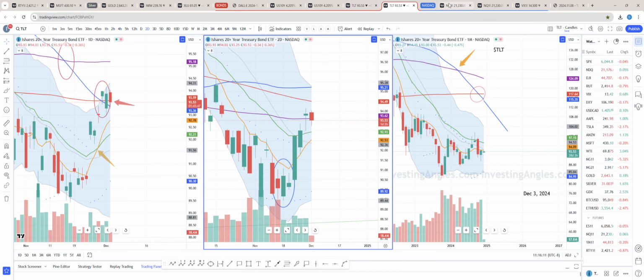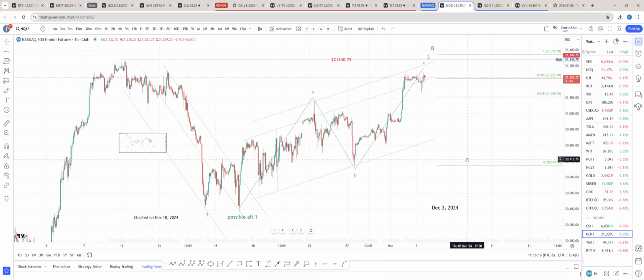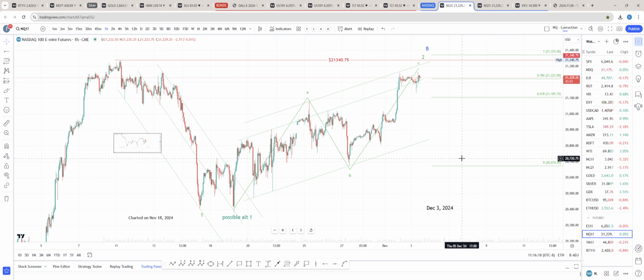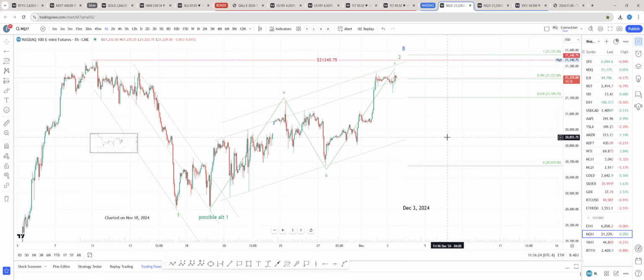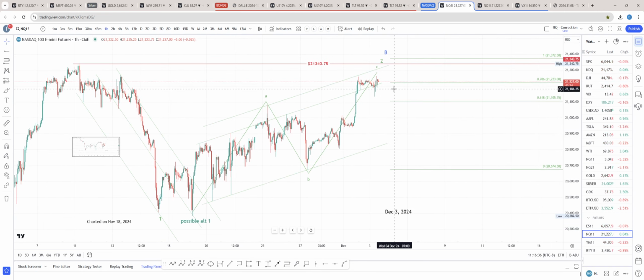All right, so let's move on to what we are seeing in Nasdaq. So this is the wave at the micro level, and it is far from being impulsive. We can see it could be a very ideal flat or zigzag, based on your preferences, but I think that there is a little unfinished business here.